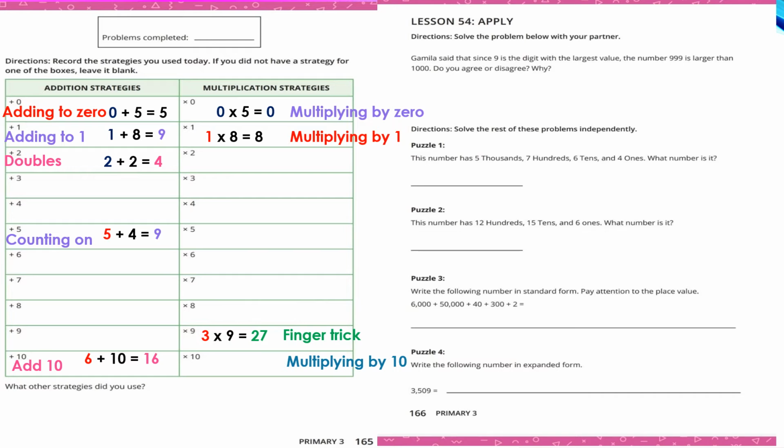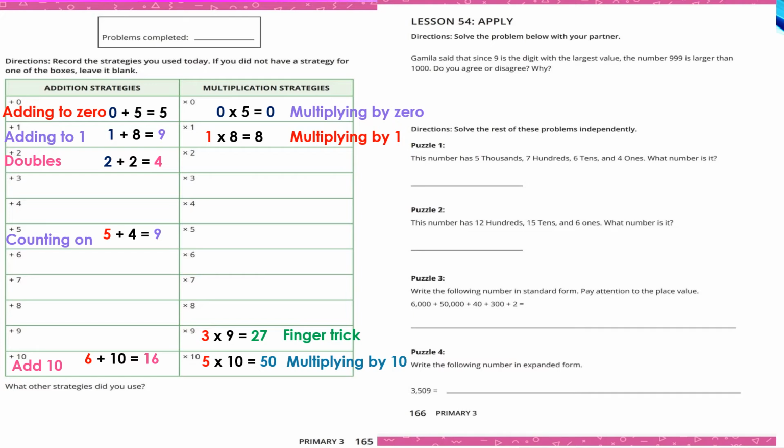Multiplying by 10, for example, 5 times 10 equals 50. This is the multiples of 10. The next page here, lesson 54, the apply part. Jamila said that since 9 is the digit with the largest value, the number 999 is larger than 1000.